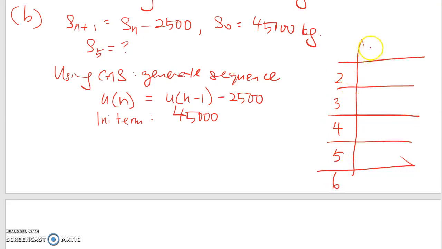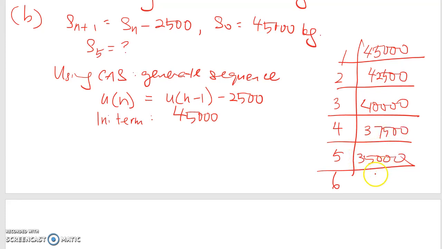The first number that you will see here is 45,000, and after this you will see 42,500, and let me quickly write down the rest. It's 40,000. That's 37,500. That's 35,000. And finally, we have 32,500.